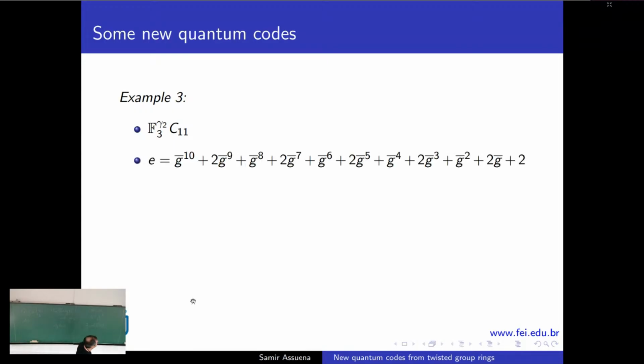F3, the field with three elements. Here we have two possibilities: the group algebra, of course, and taking lambda equals minus 1. In this case, it's just 2. Here we have to be careful, because when we compute g bar to 11, it equals 2.